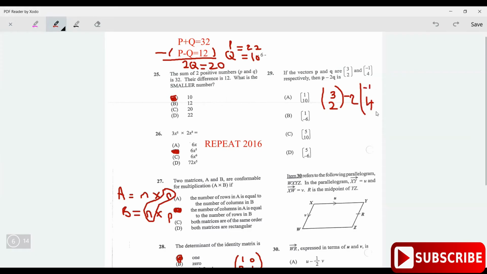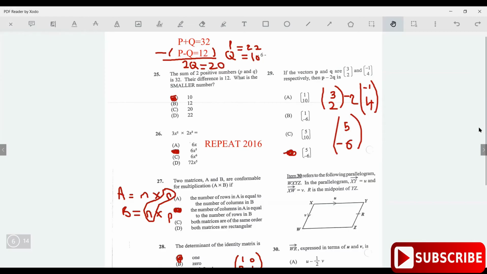And so you have 3 minus 2 times minus 1. Minus 2 times minus 1 is 2. 2 plus 3 is 5. 2 minus 2 times 4, this is minus 8. 2 minus 8 is negative 6. That is (5, minus 6). Option D. Easy.